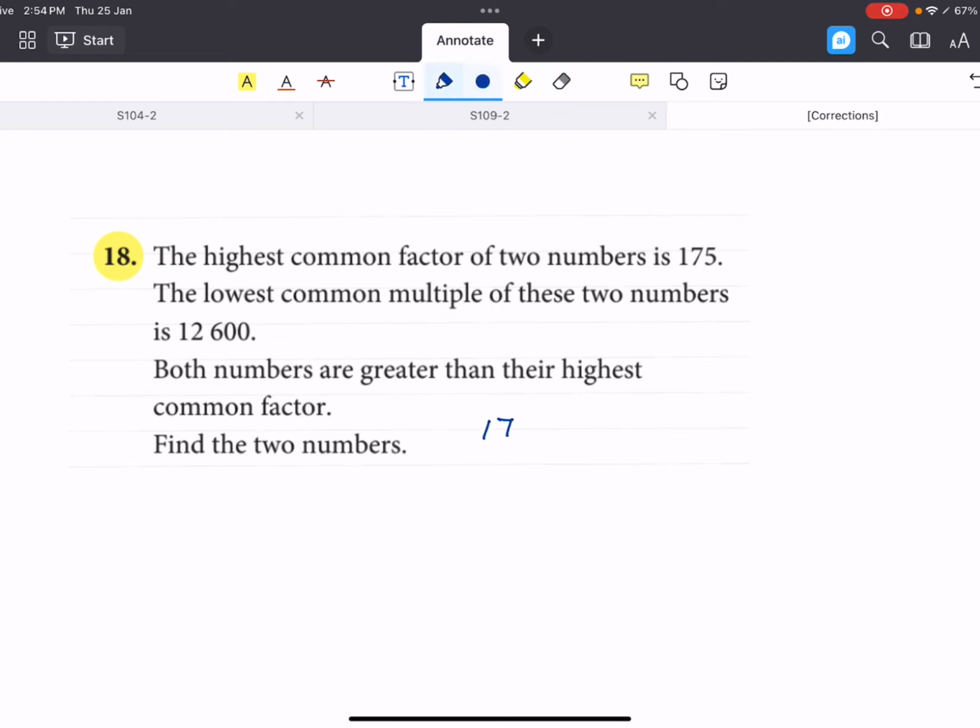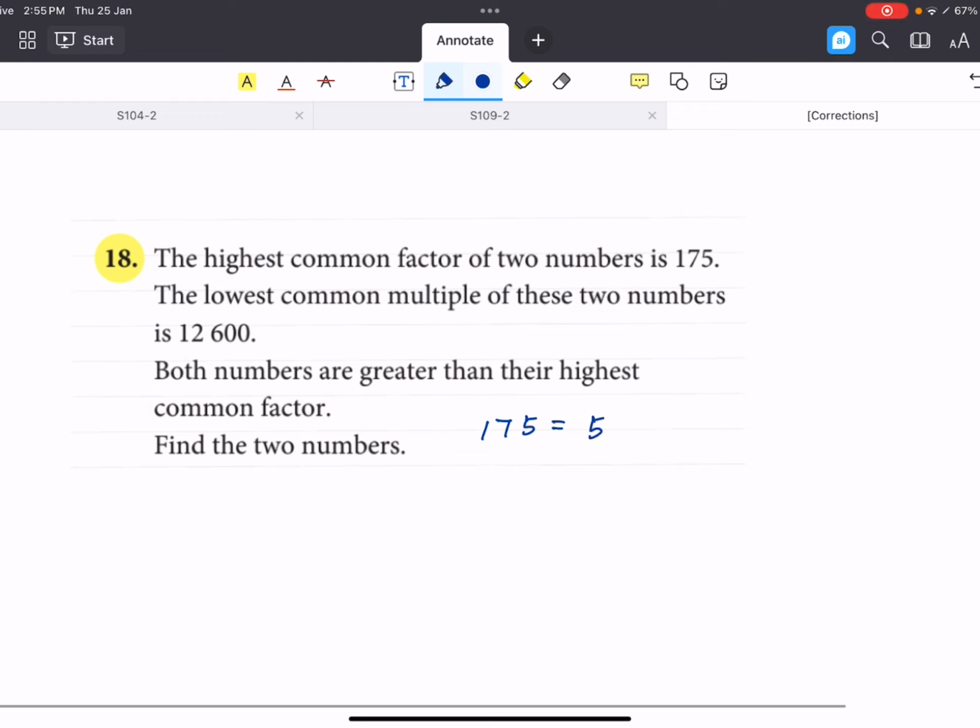List out the prime factorized form. 175, let me see, okay, where's my calculator? Is 5 to the power 2 times 7, right? 12600 is going to be equal to, give me a moment, let me work it out.